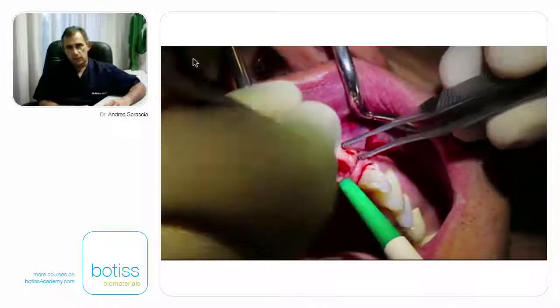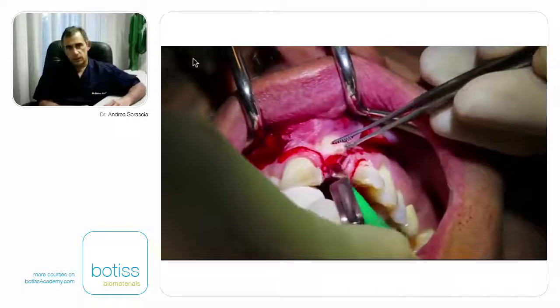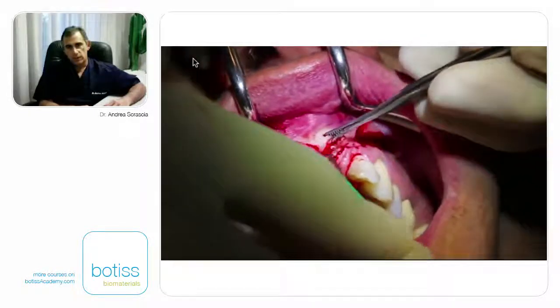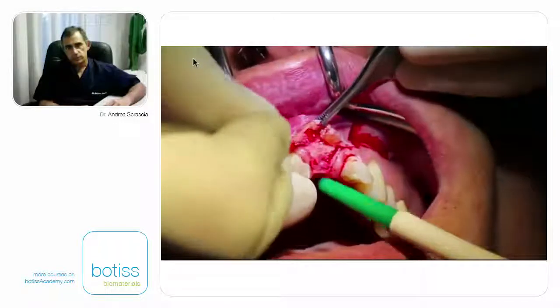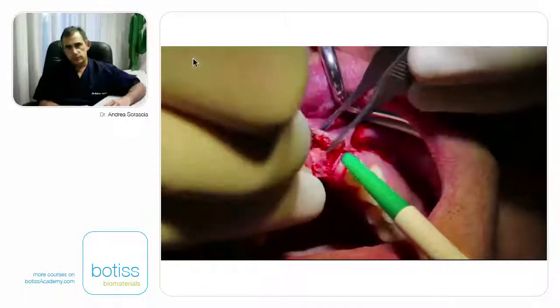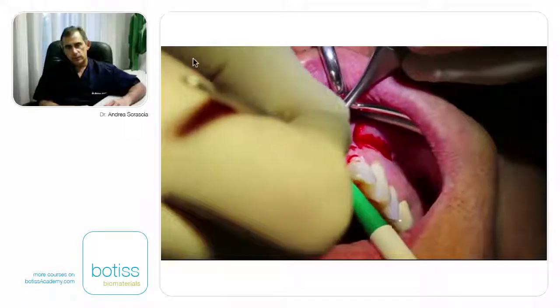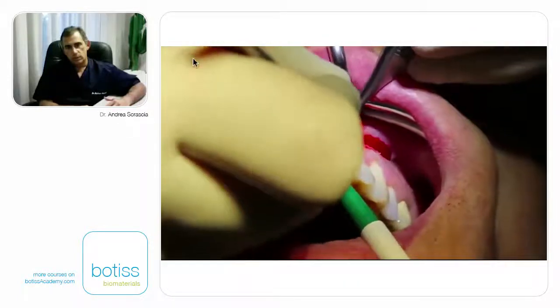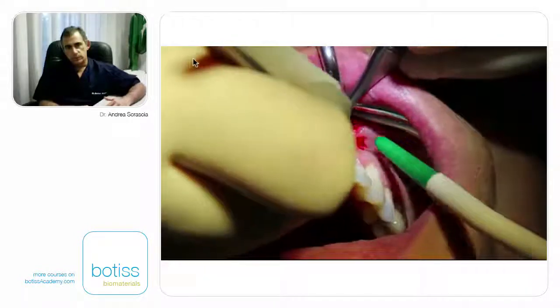And look at how was the thickness of the tissue and the quantity of bone regeneration obtained.